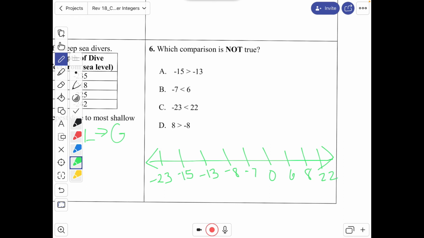Those aren't spaced accurately, but they are in the correct position. So -23 would be to the farthest left, and 20 would be to the farthest right. And you can figure out which one of these is not true.